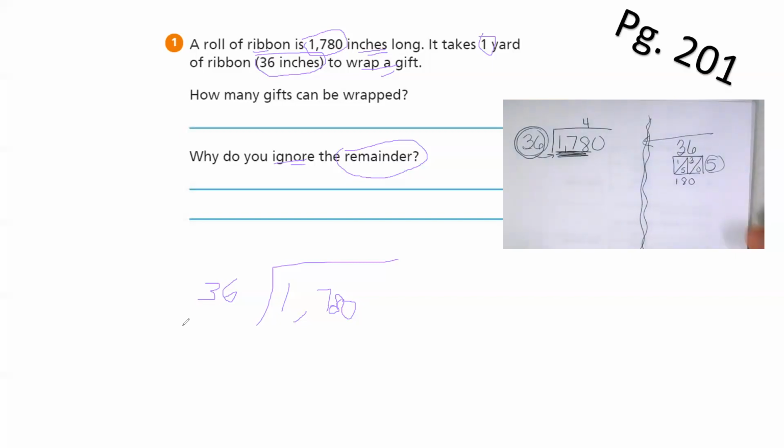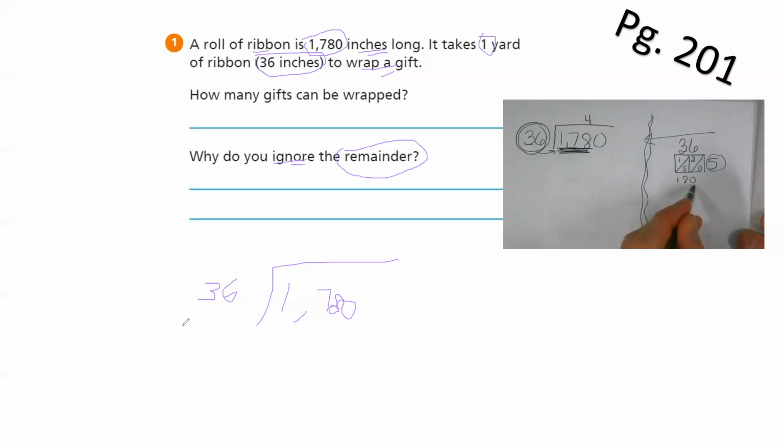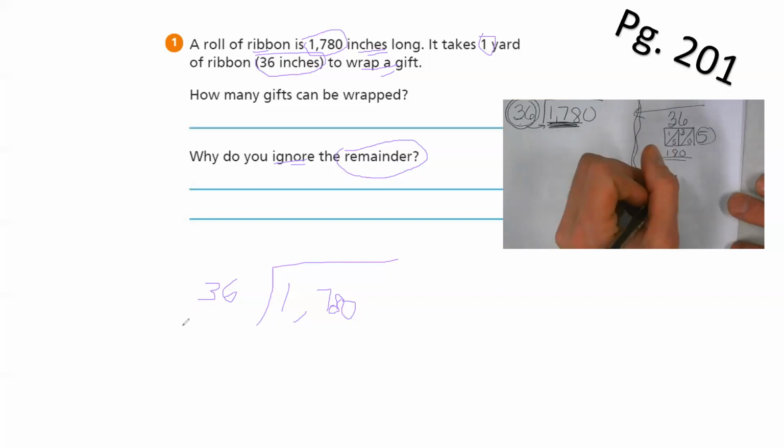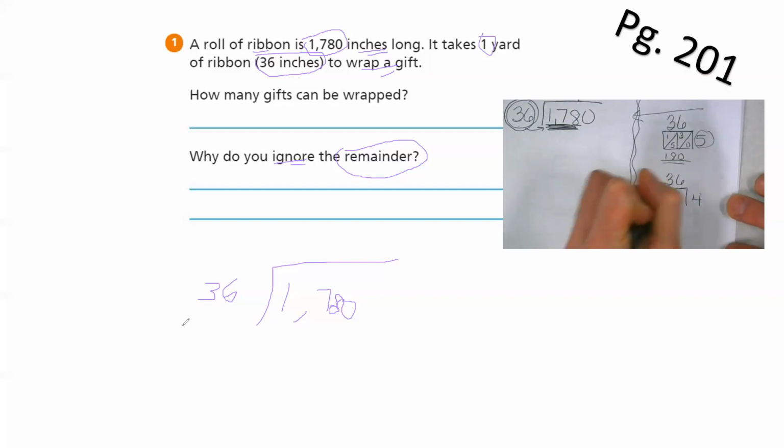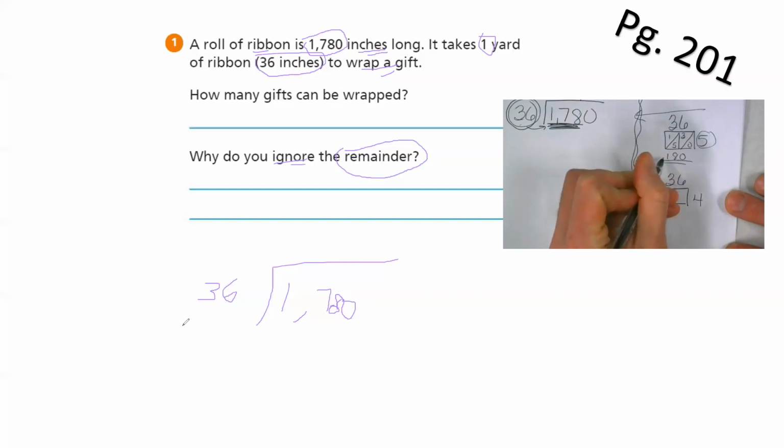Well, how do you know it's going to be 4? Because 5 is too many. I know 4 is 36 less than this. 4 is going to work. But now I need to figure out, if I take out 4, what's left over? Well, I have to figure out what 36 times 4 is. Some of you are like, Mr. Stahl, don't multiply again. Instead, just subtract 36 from 180.